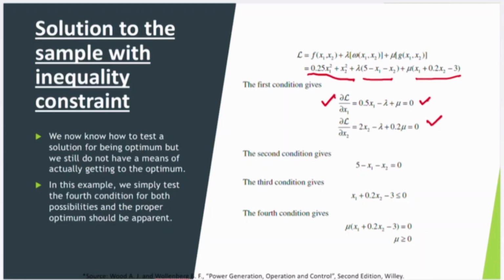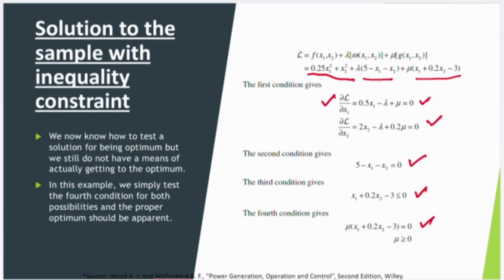These are the two immediate differentiations. And then the second condition is 5 minus x1 minus x2 equal to 0, that is differentiation with respect to lambda. And then the third condition is this one. And the fourth condition, which is very interesting here, is that mu times this must be equal to 0.